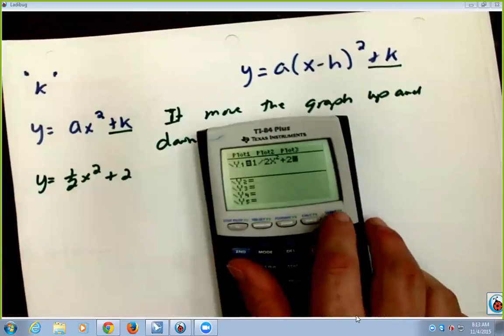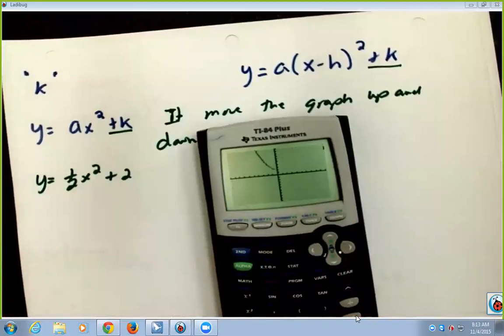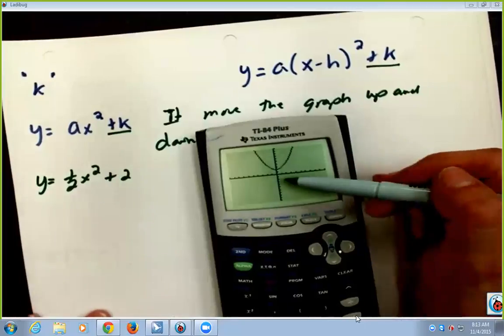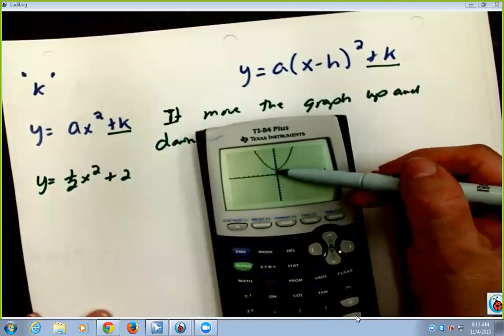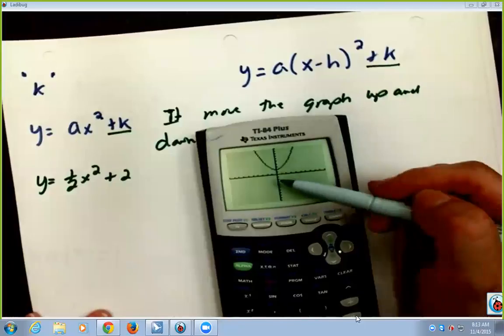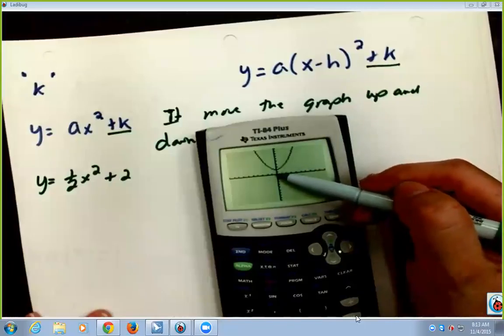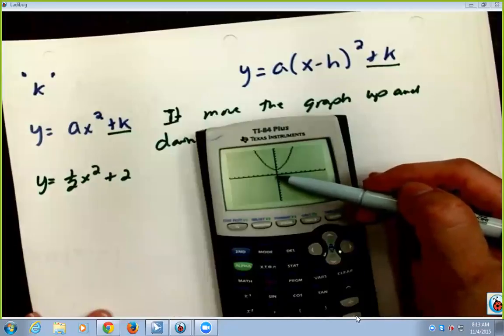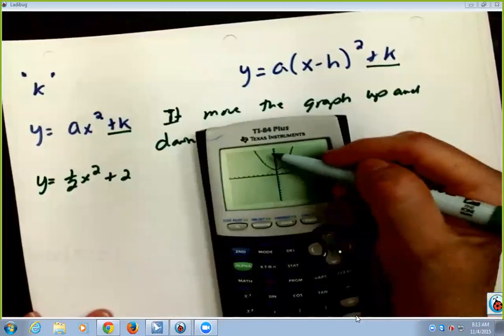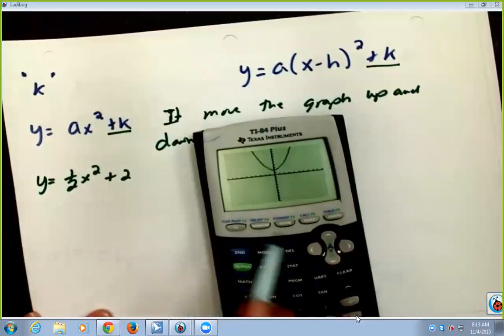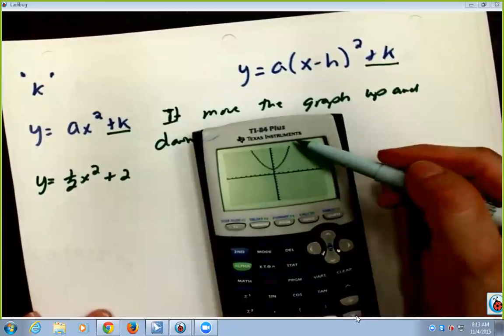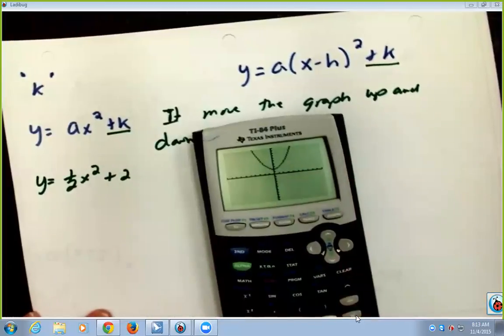And now if I hit graph, what it has done to my parabola, we had the one that had just the 1/2 in front of it before. What it's done is it's taken that graph and notice it's moved it up 2 places. We were at 0, 0 before, because I didn't have a K when I had just my A. So it wasn't moving it, it was just putting it right in that set location. And so I've moved it up 2, and that's the location that it happens to sit at.